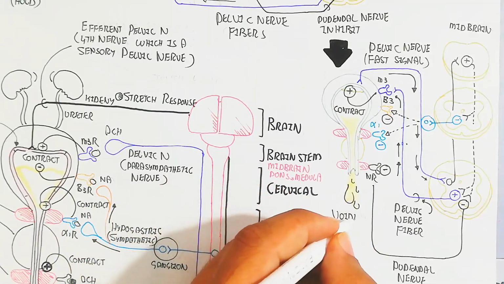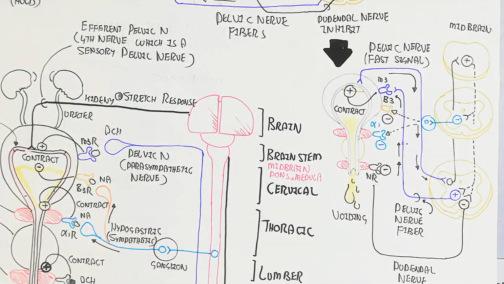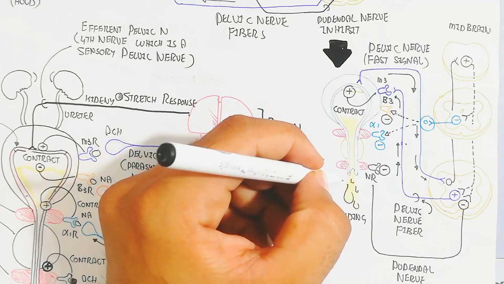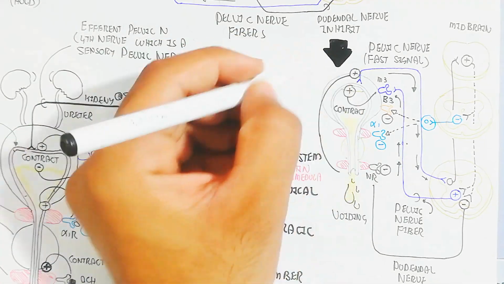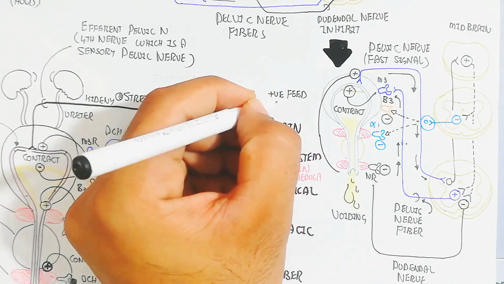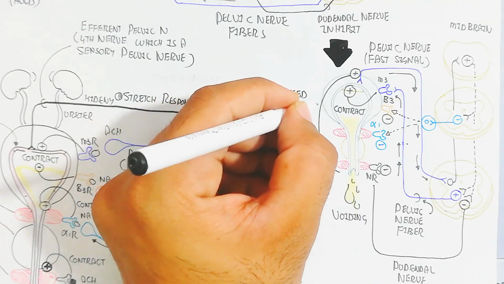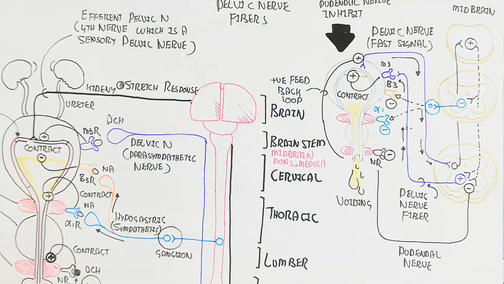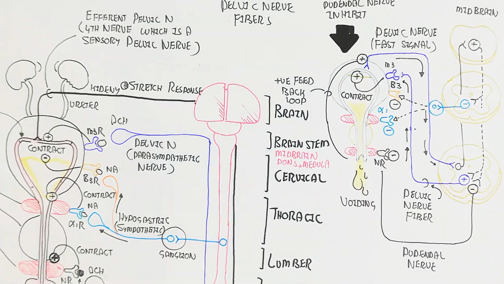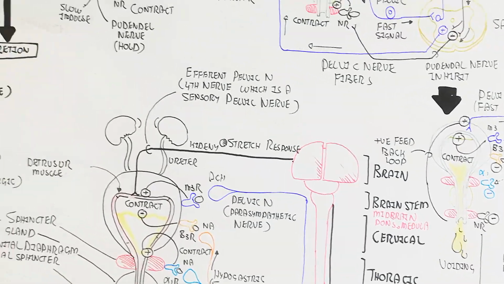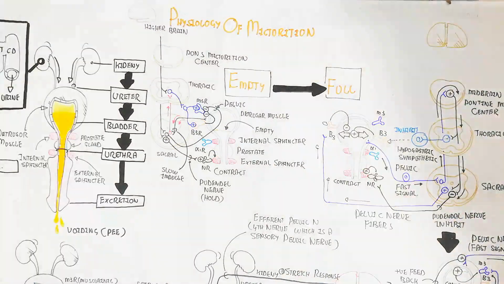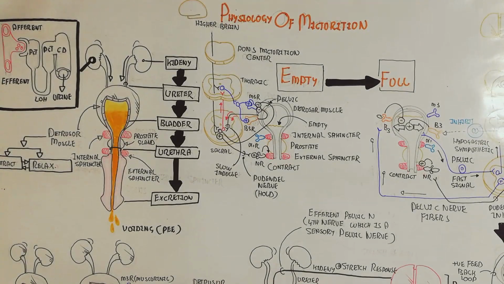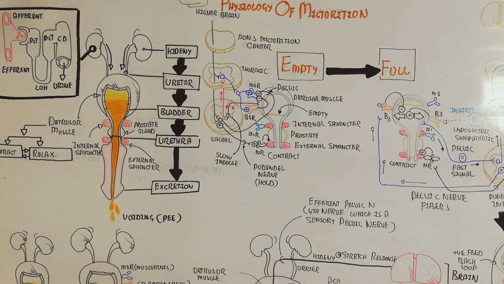Hypogastric nerve inhibition allows M3 receptor stimulation to lead to contraction, because the hypogastric nerves are important for the stretching of the bladder wall, so that does not occur. This peeing out is known as voiding. I hope you understand the physiology of micturition and how it occurs.